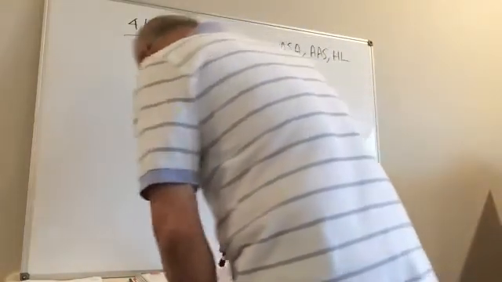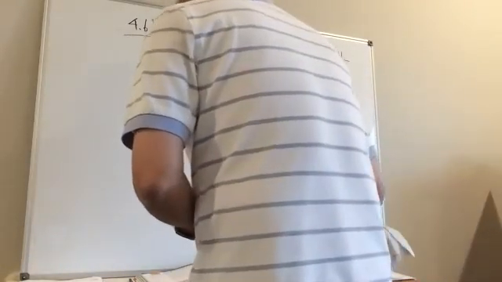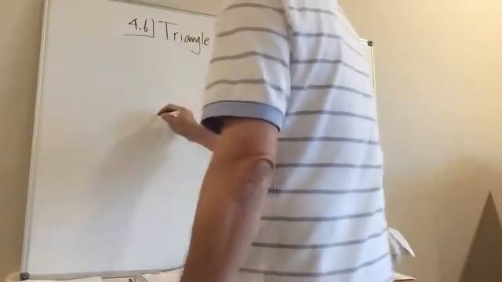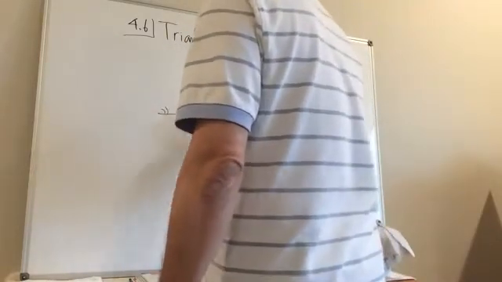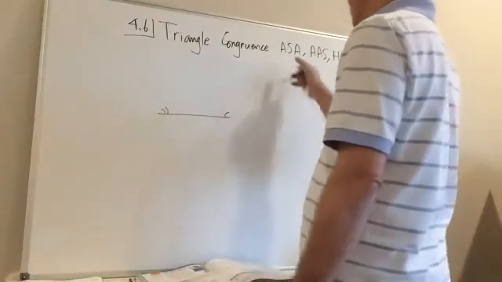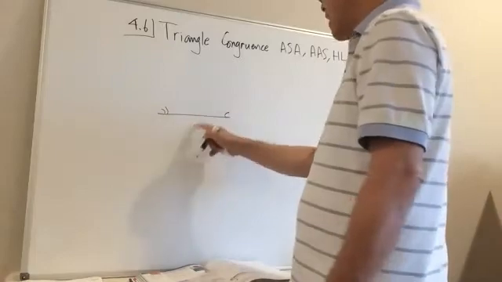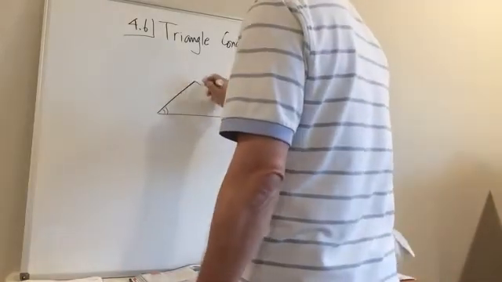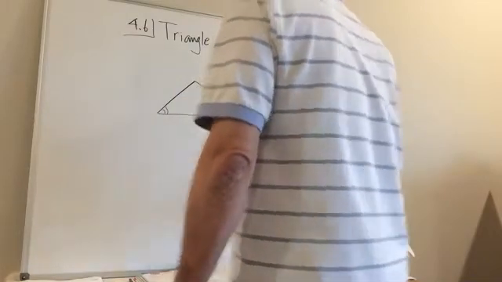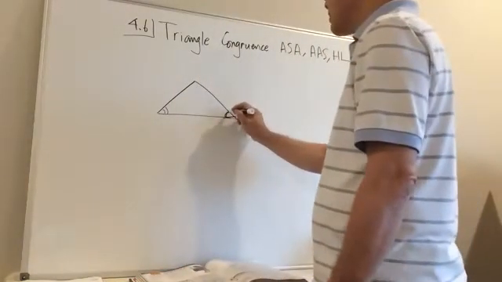Let's go to page 260 in the middle. There is a postulate there that says angle-side-angle: if two angles and the included side are the same, you're going to have congruent triangles.